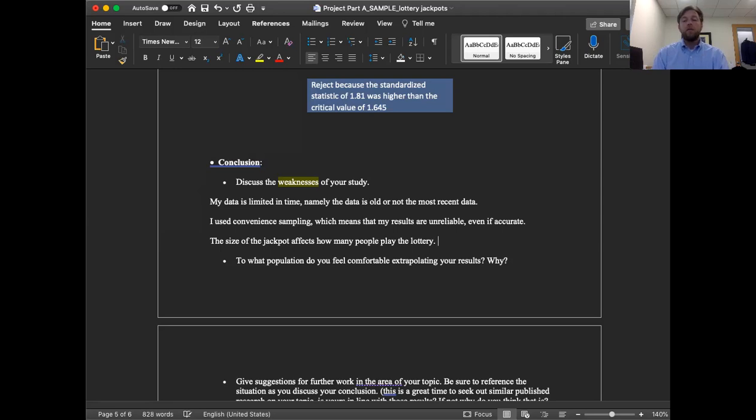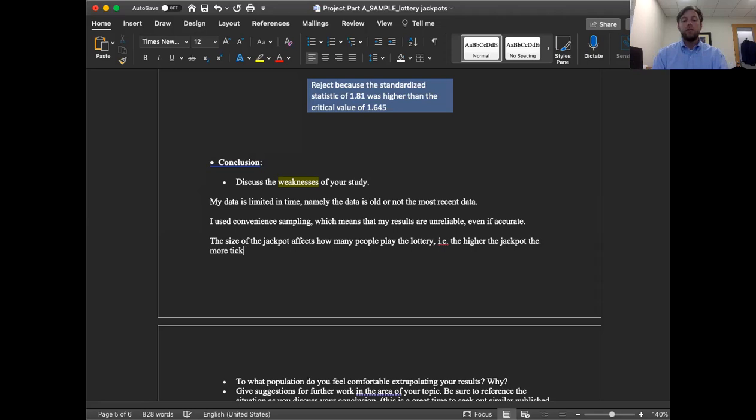In essence, the higher the jackpot, the more tickets that are sold, and so the more likelihood that a jackpot will be won.